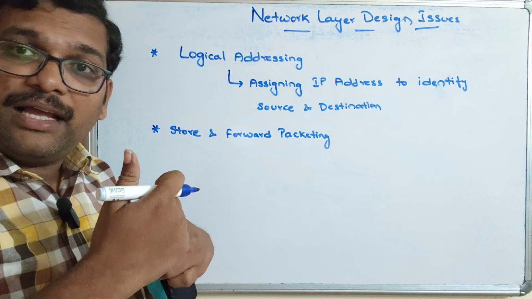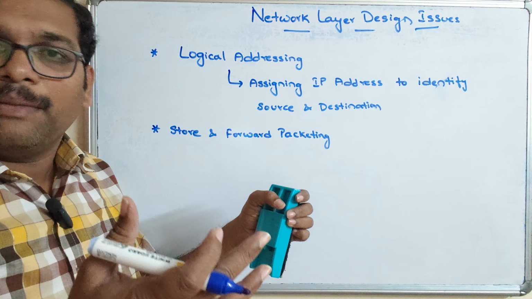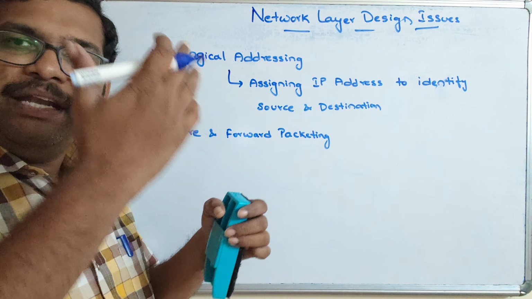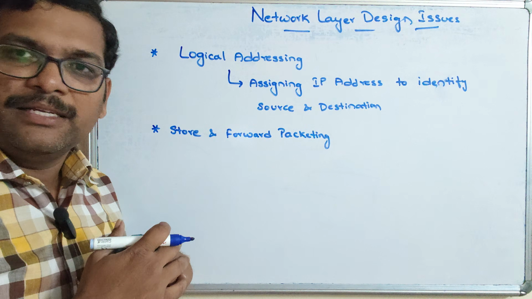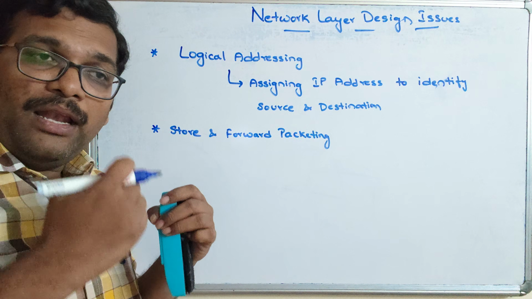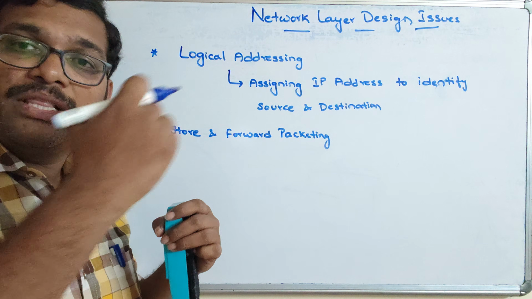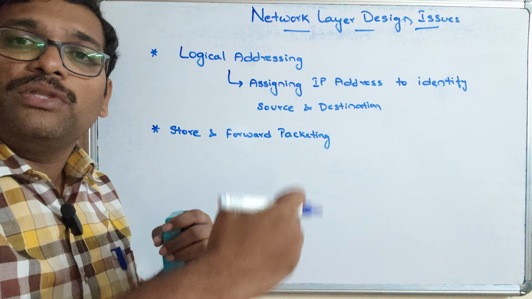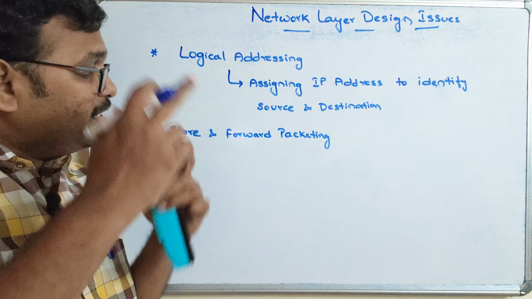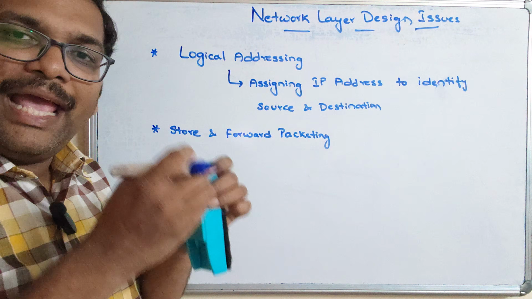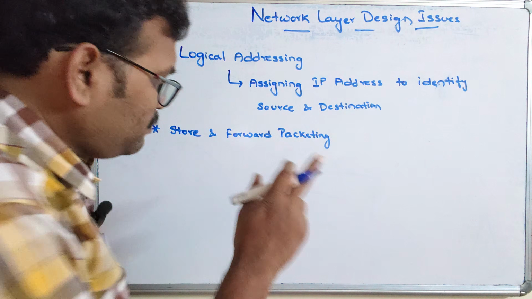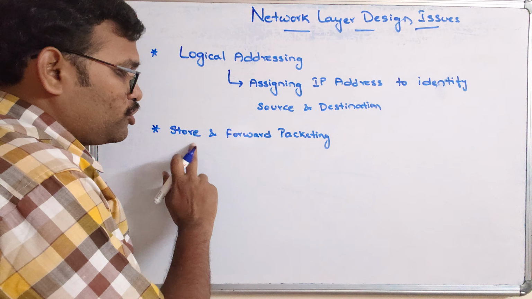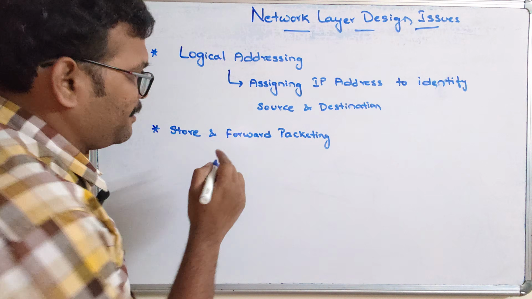If the data is larger than the bandwidth, then the data will be divided into different parts, and each part we call a packet. While transmitting the data over the network, it has to travel through the routers. First a router will store the entire packet and then it will forward it to the next router. That is called store and forward packaging.